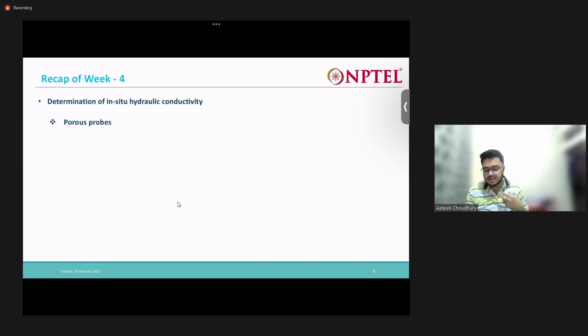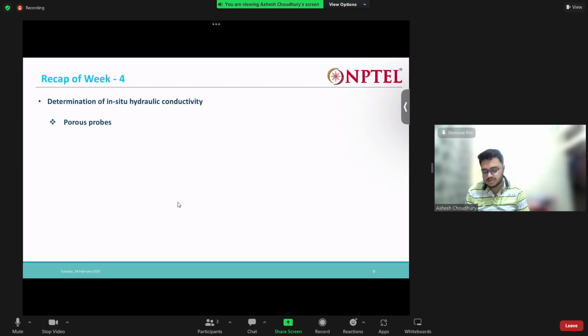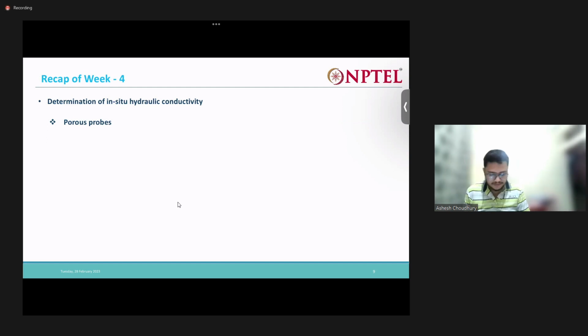One is a lab test, another is an in situ test, right? So how can we determine the hydraulic conductivity in situ without taking out the soil sample, without disturbing the natural state of the soil?